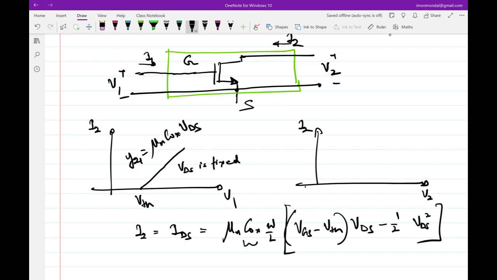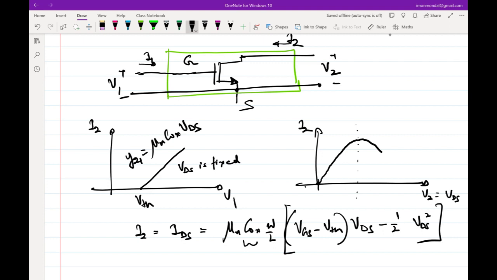And what about Y22? Or rather, what will the I2 versus V2 curve look like? This is essentially an inverted parabola and starts right from VDS equal to 0. So V2 is essentially VDS, and then it increases. If I simply plot it out, it should have a maxima and should come down. So where will this maxima be?